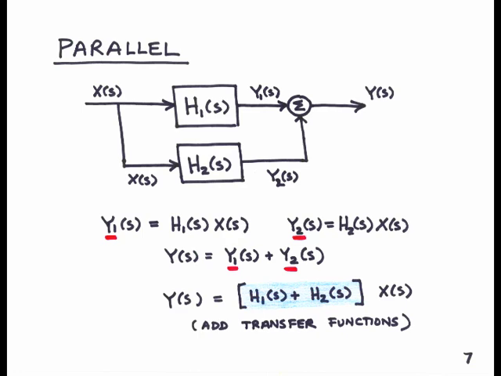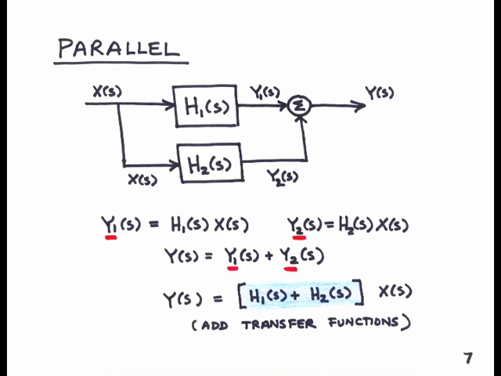And for the summation junction, we have Y(s) equals Y1(s) plus Y2(s). We'll now substitute Y1(s) equals H1(s) times X(s), and Y2(s) equals H2(s) times X(s) into the equation Y(s) equals Y1(s) plus Y2(s) to eliminate Y1(s) and Y2(s).